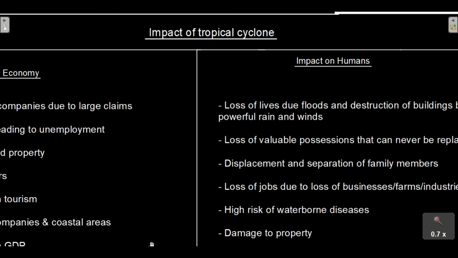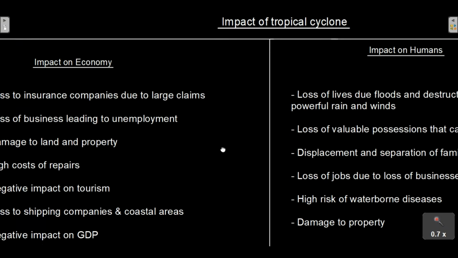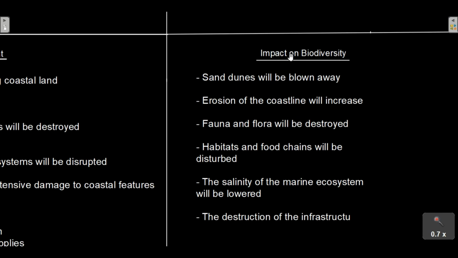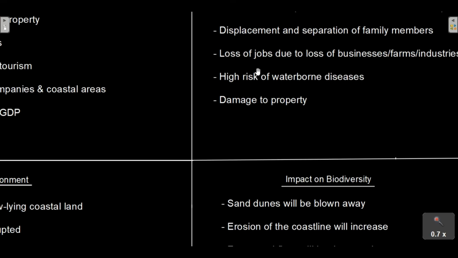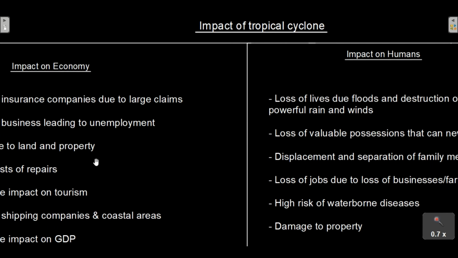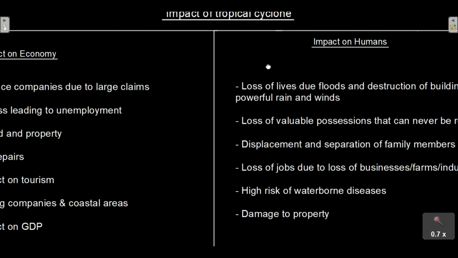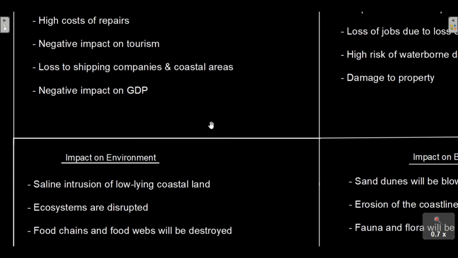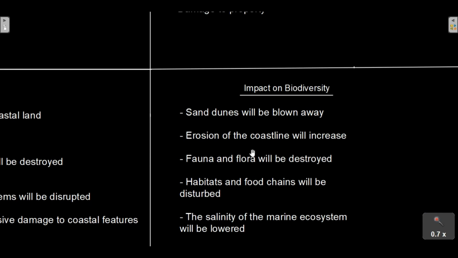It could be the impact on humans, the impact on the economy, the impact on the environment, or the impact on biodiversity. Because we are a channel that strives to make things simple for you, we have actually gathered all that information for you. So let's take a look. We'll start with the impact on humans and then move on to the economy, then the environment and biodiversity.